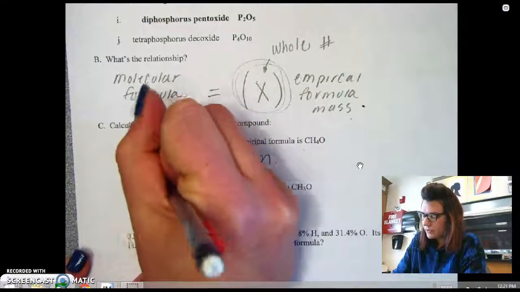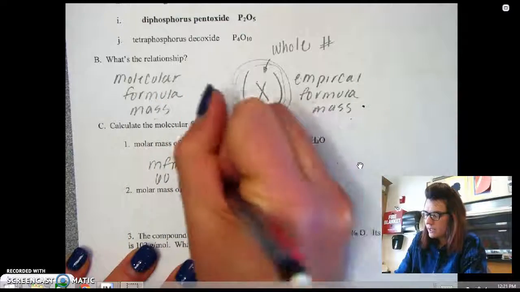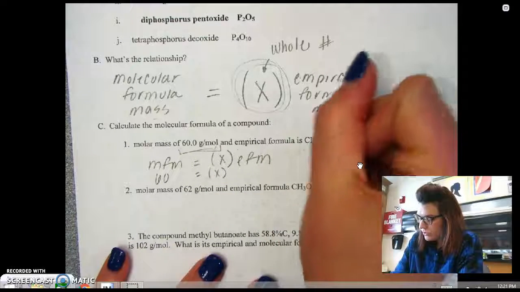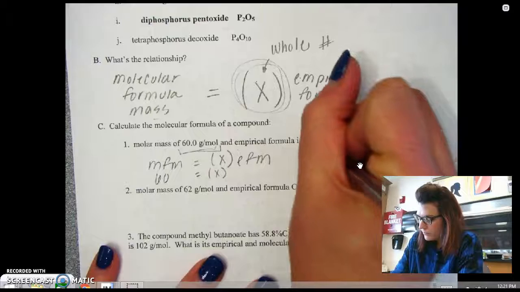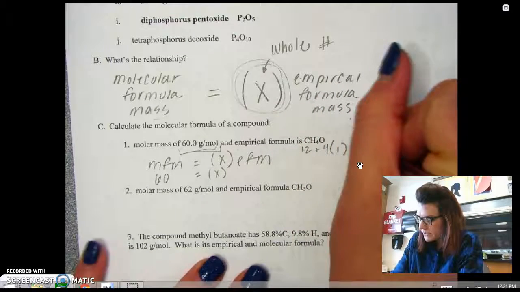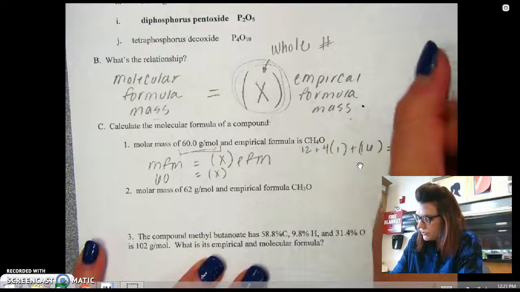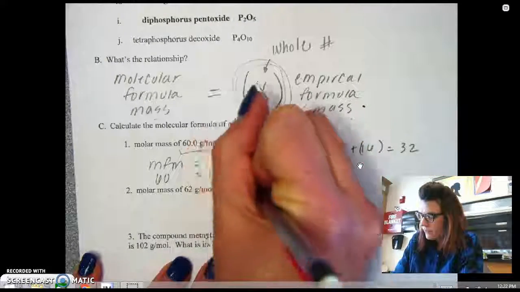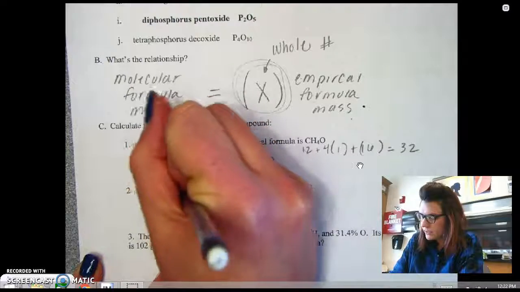So the molecular formula mass is 60, and that's equal to X times the empirical formula mass, which is going to be 32. So carbon is 12 plus 4 times 1 plus 16 is equal to 32. So this is going to be 32. So then to get X by itself, I'm going to divide both sides by 32.